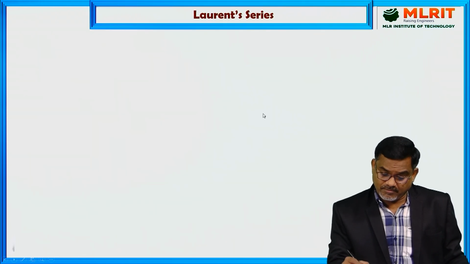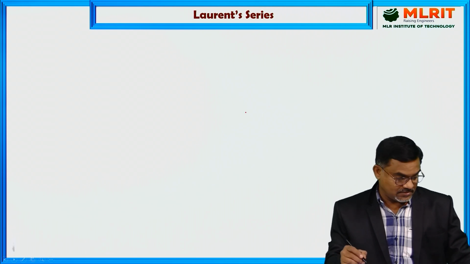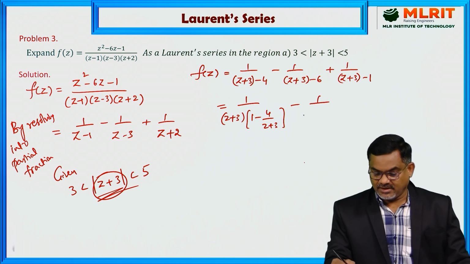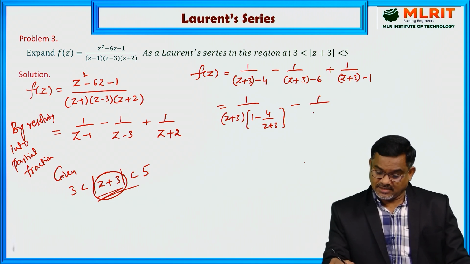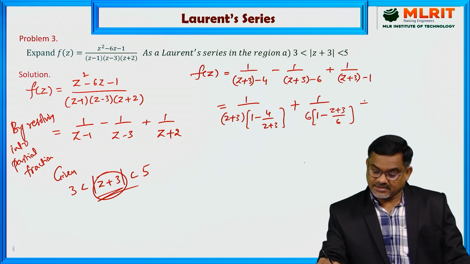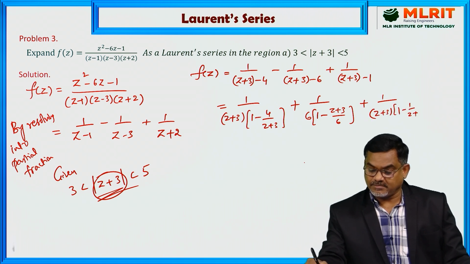Now we can simplify this by taking this z plus 3 common. So 1 minus 4 by z plus 3, minus 1 by, here I can take this 6 common, plus 1 by 6, 1 by 1 minus (z plus 3) by 6, plus 1 by z plus 3 common, 1 minus 1 by z plus 3.